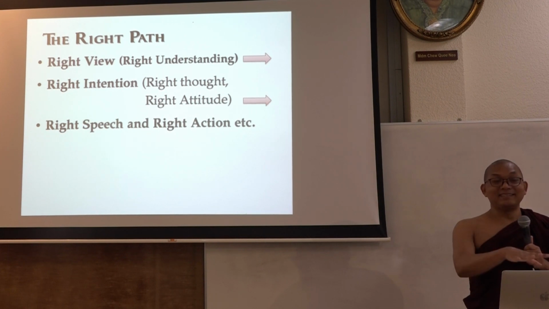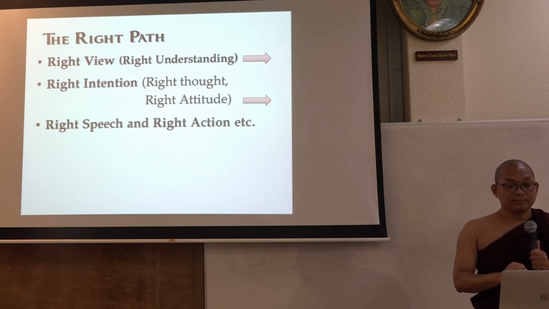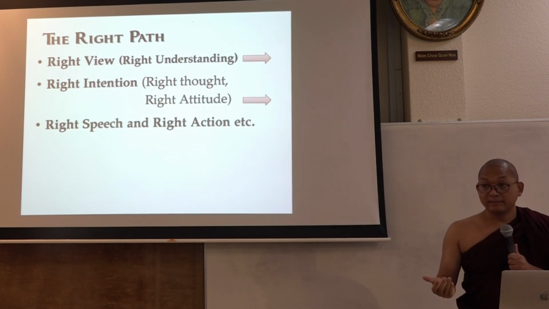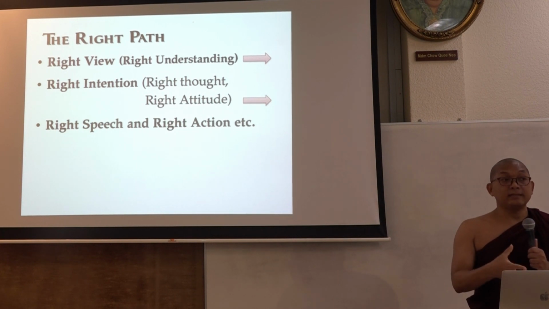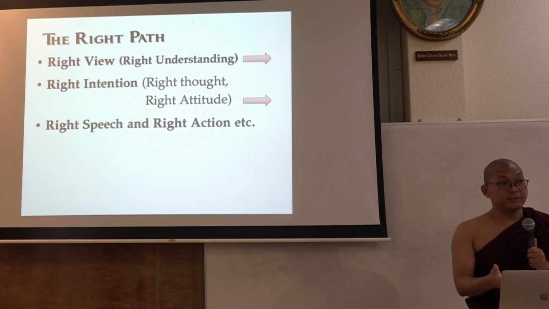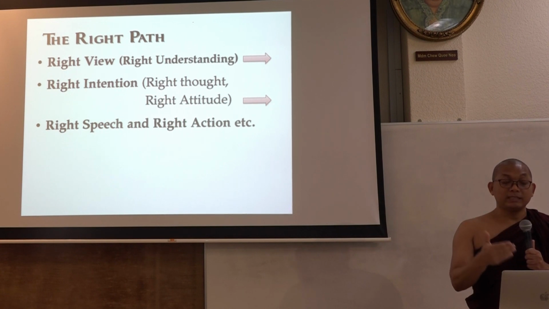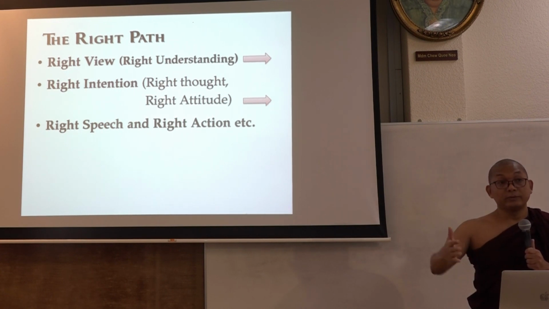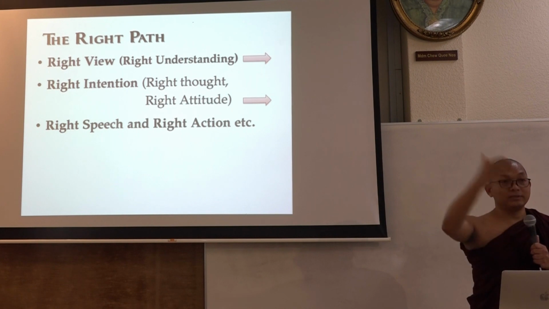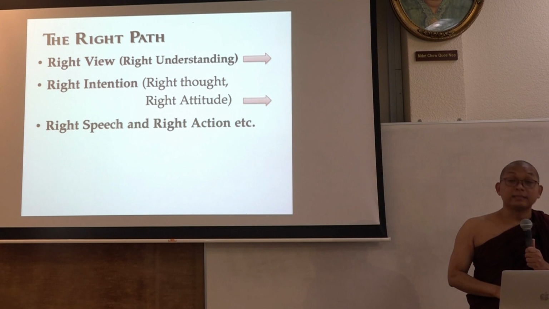You will see good things, hear good things, etc., right? So therefore, right view comes first, right? Understanding the ownership of karma. In other words, understanding the 18 ahetuka cittas is important in our life, right? Then only you will have a good attitude. Then after that, you have right speech and right action. Then good things will come in your life. Okay, that's all. So let's call it a day.